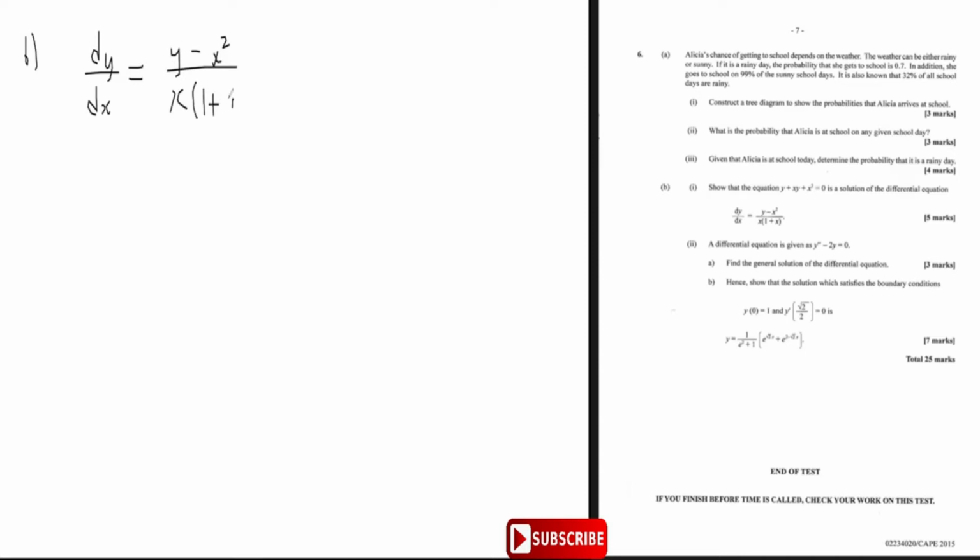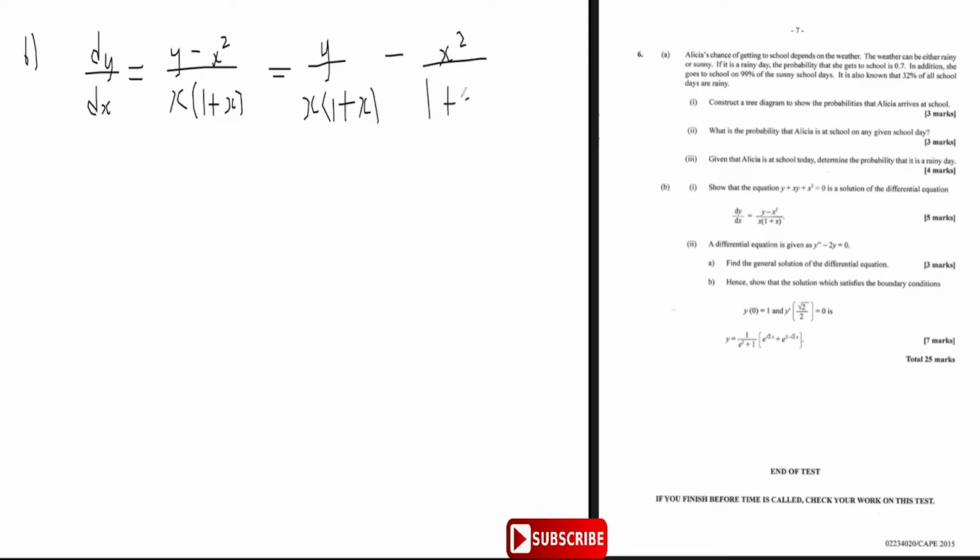Now, I don't like how this looks, so I'm going to separate it as two different fractions. I'm going to write it as y over x times 1 plus x minus x squared over x times 1 plus x, minus x squared over 1 plus x times x.